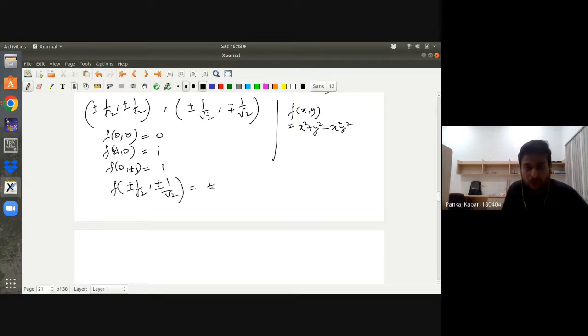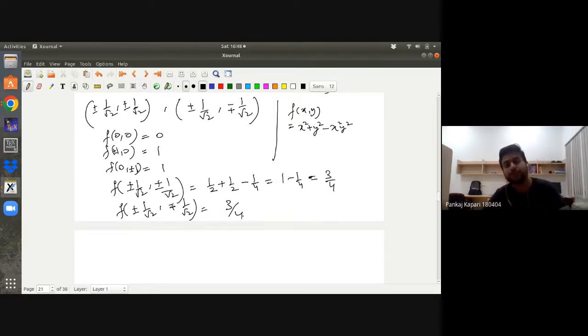This is equal to 1 by 2 plus 1 by 2 minus 1 by 4. Okay, it is 1 minus 1 by 4, and that is equal to 3 by 4. Similarly, f of plus minus 1 over root 2 and minus plus 1 over root 2, that is also 3 by 4.